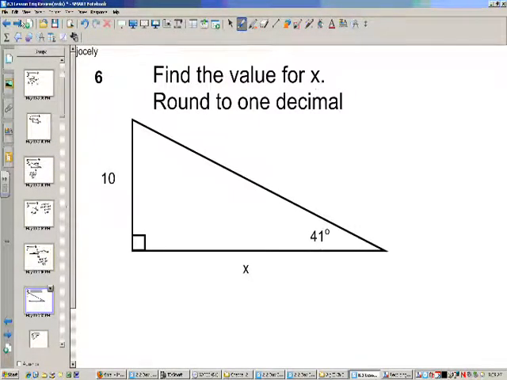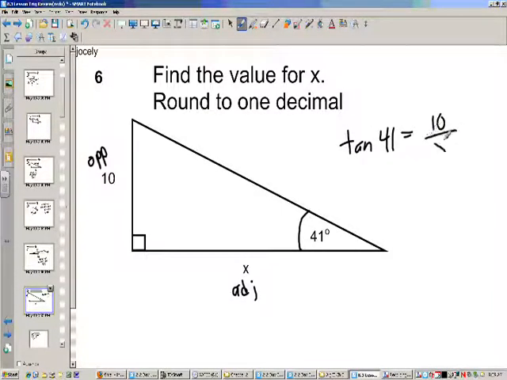All right, now if I want to find this value for x, we know that that's the opposite. This is the adjacent of our angle, which is 41. Opposite over adjacent is tangent. So looking at the tangent of 41 is going to be 10 over x.